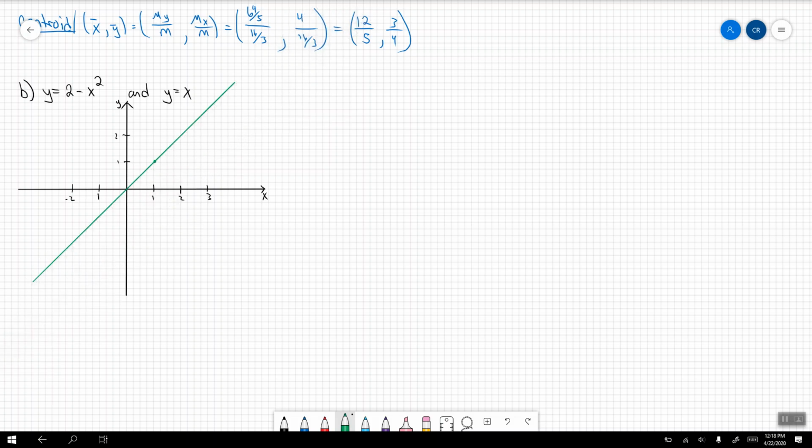All right, here we go. So this is y is equal to x, looking nice. Now the next one I'm going to do is y is equal to 2 minus x squared. That's a parabola opening downward with the vertex up at 2. At this point, I want to figure out the x-axis values where it's intersecting.